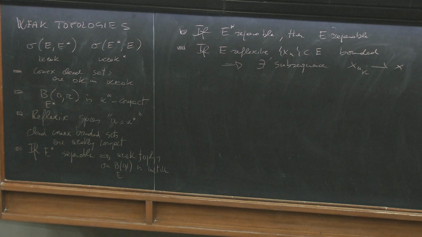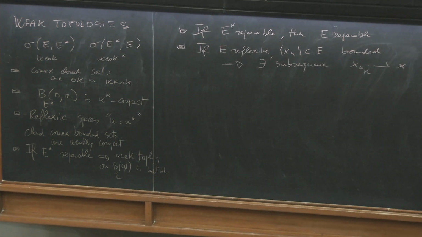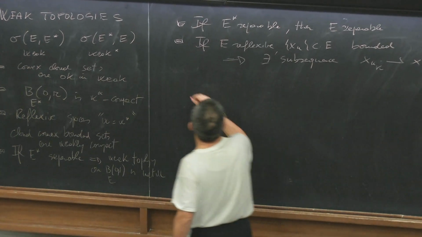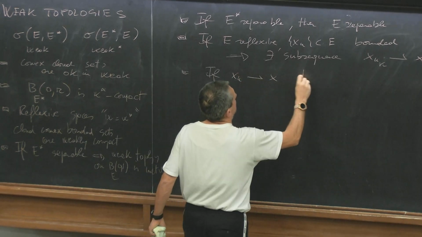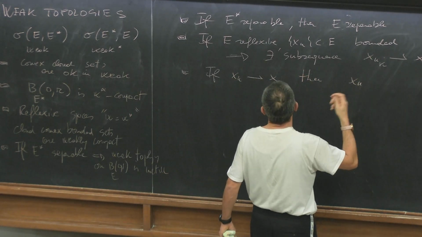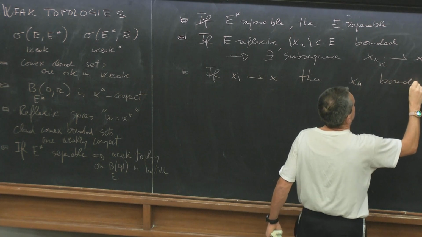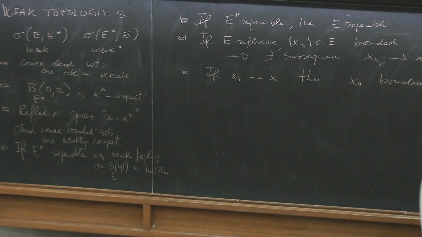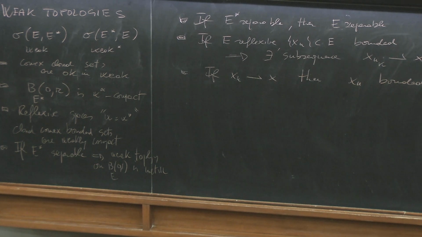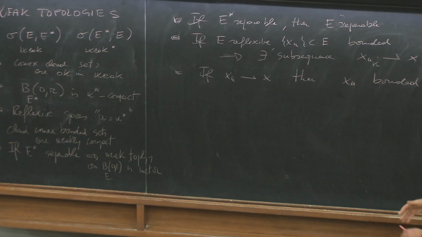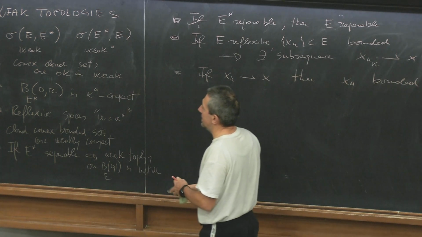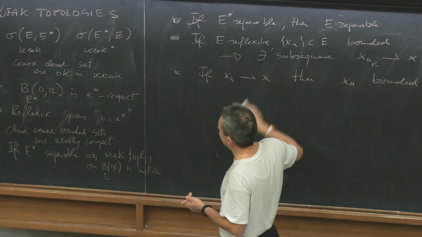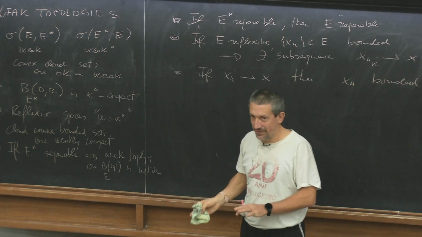Well, there are so many results. For example, the other one is if xn weakly converges, then xn is bounded, because of the uniform boundedness principle. So let me stop here by saying that this page, with corollaries like these, is something you need to know.